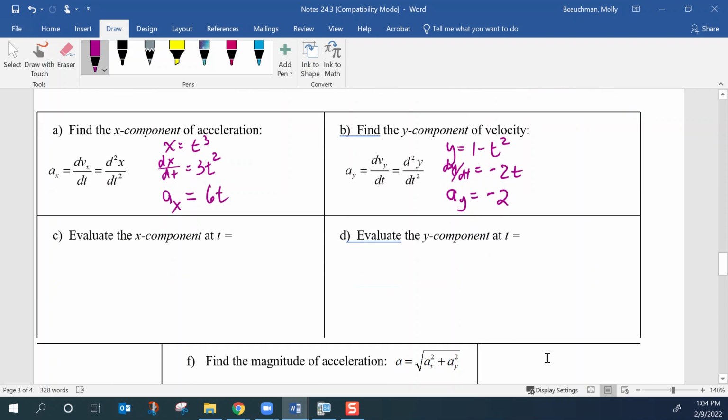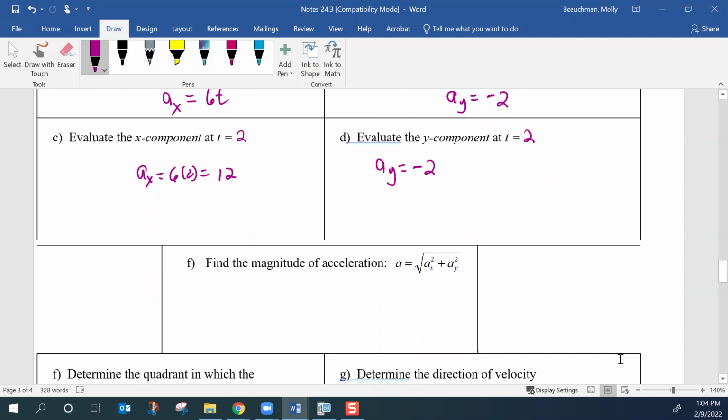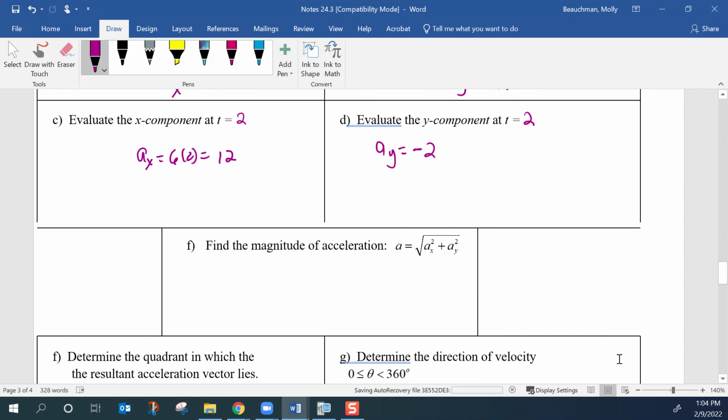So now we find the x component at t equals 2. At t equals 2, the x component would be 6 times 2, which ends up being 12. And then the y component is a constant, negative 2, so it doesn't matter what t is, a sub y will always be negative 2. Now that gives us our x and y component acceleration.